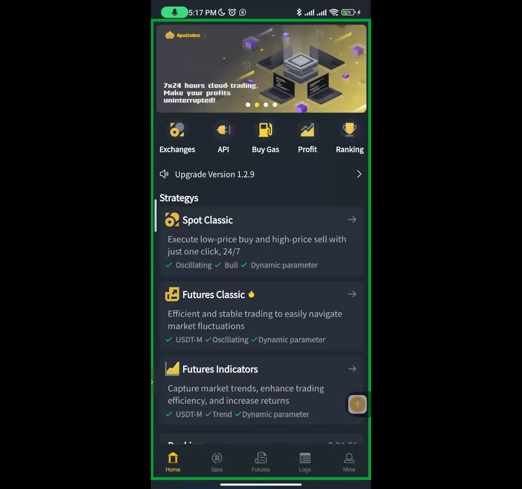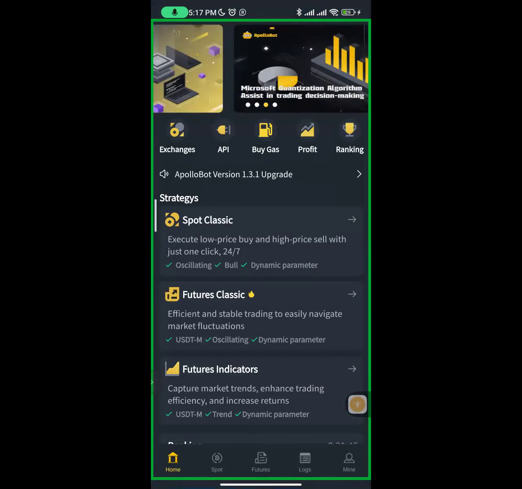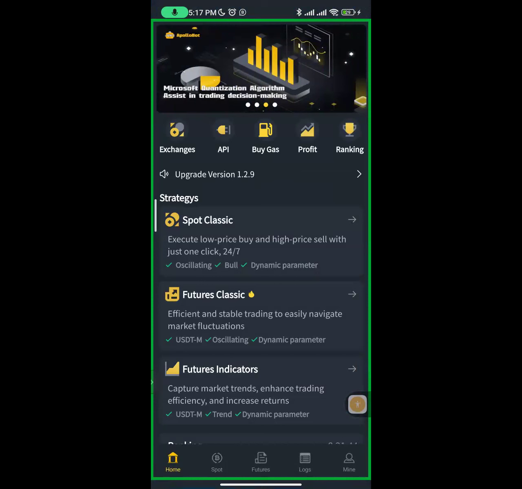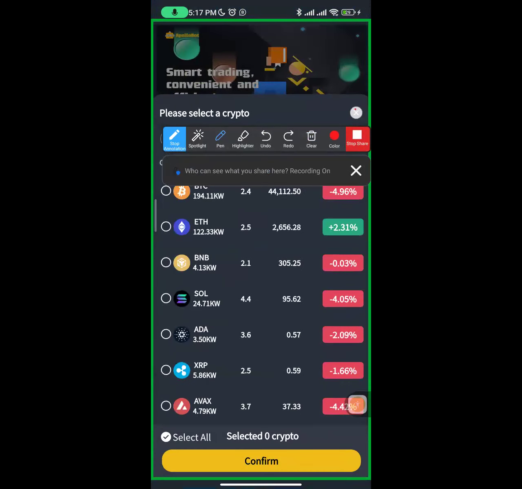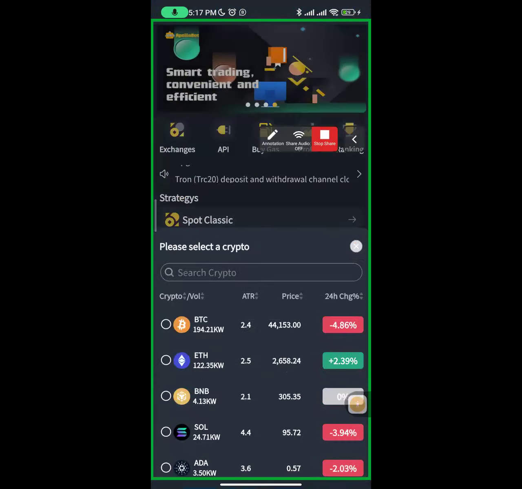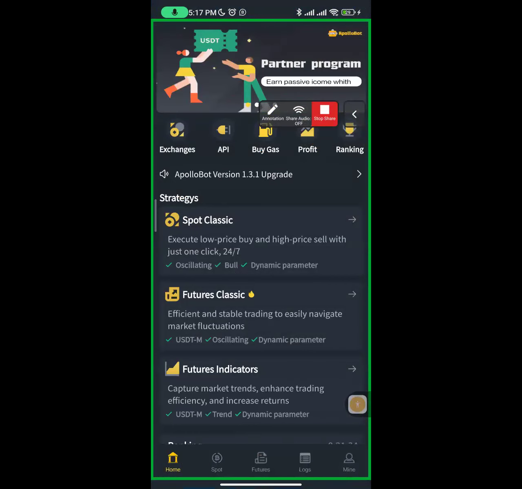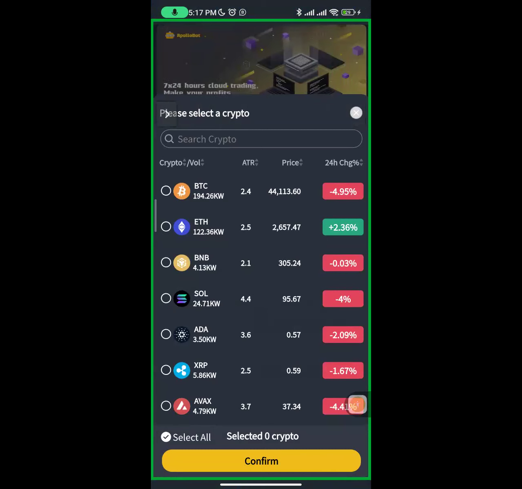Now we come back to our bot. Now you tap on Futures Classic right here. So you tap on Futures Classic, it opens up. Now it talked about Matic and one other coin.